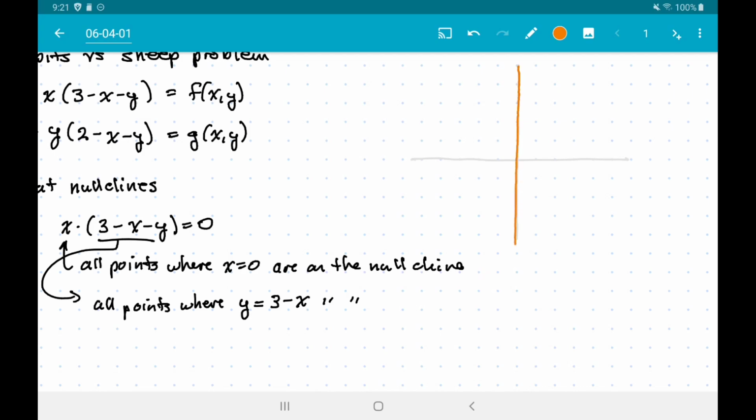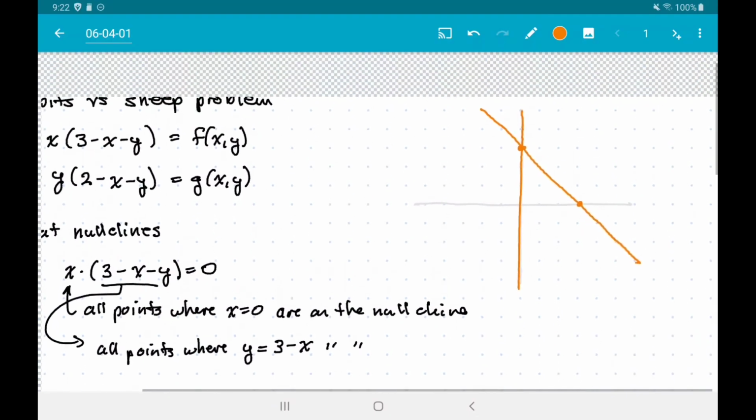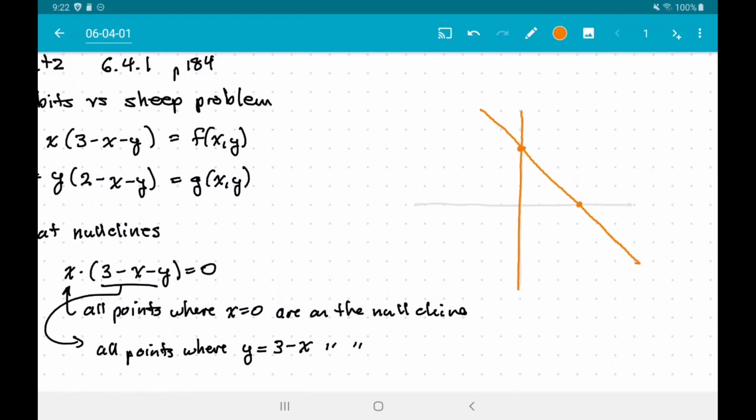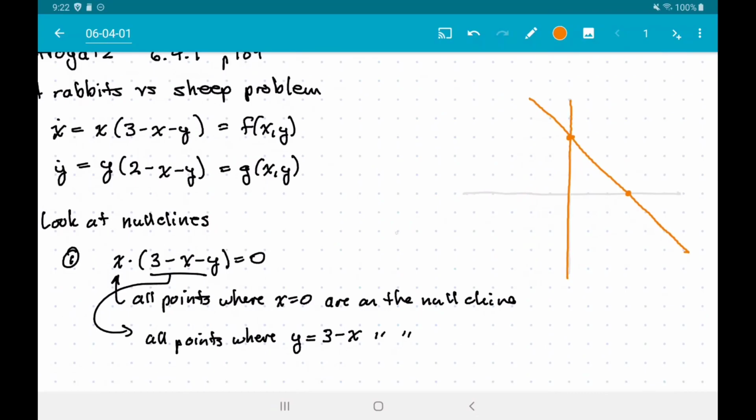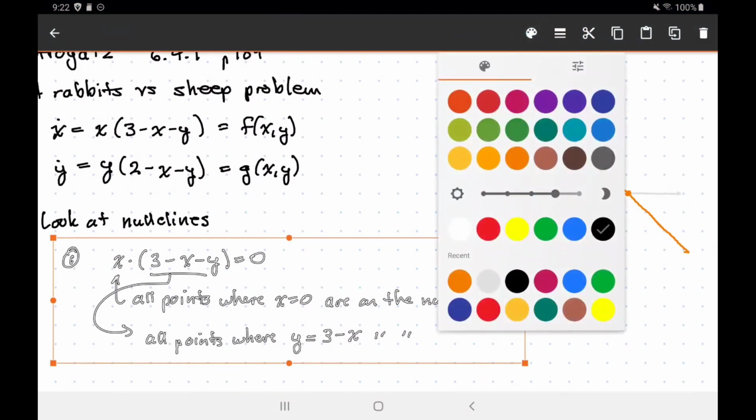And the points where y equals 3 minus x, that should be a line, and it goes through the point (0, 3) and the point (3, 0), and it has slope minus 1. So let me draw that in. Okay, so the thing that I've drawn in orange is this first nullcline.